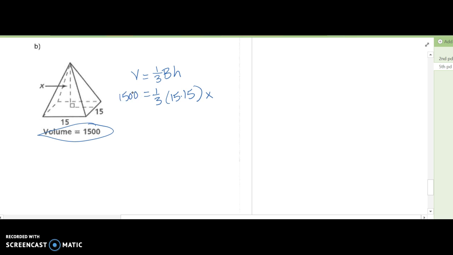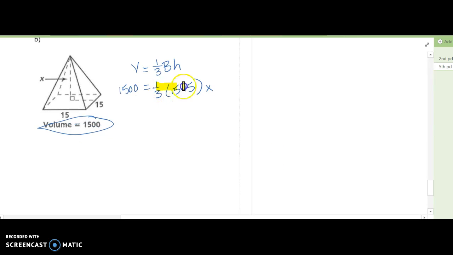So I think what I'm going to do first is multiply this 1/3 times 15 in my calculator. And I get 75. So 1500 equals 75x. Divide both sides by 75, and x equals 20.